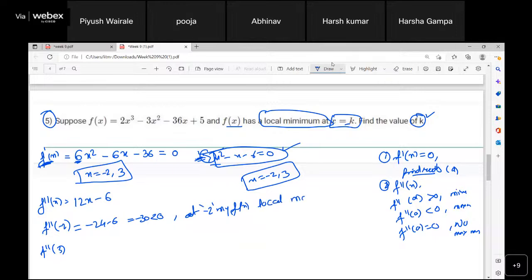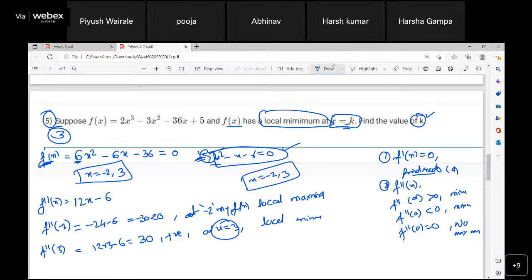And f double dash of 3 is 12 into 3 minus 6, which is 30, positive. So at x equals 3, it has a local minima. We were given x equals k, so the value of k will be 3. So the answer will be 3.